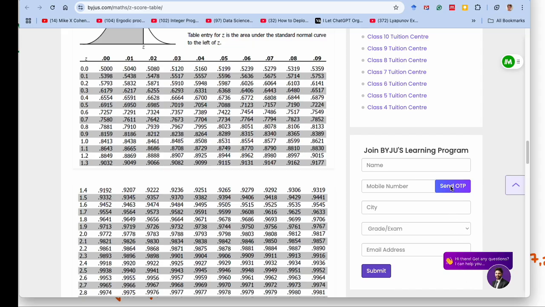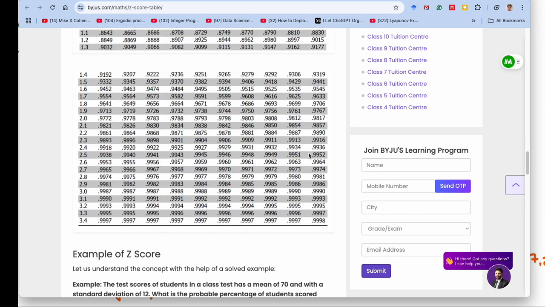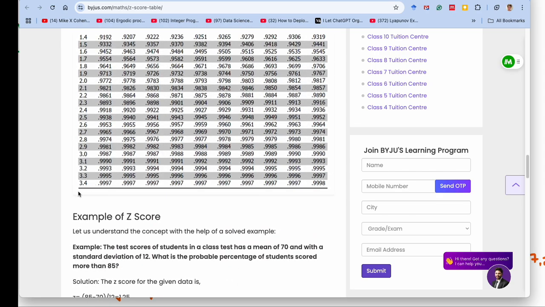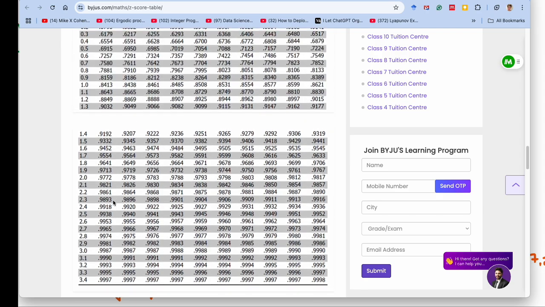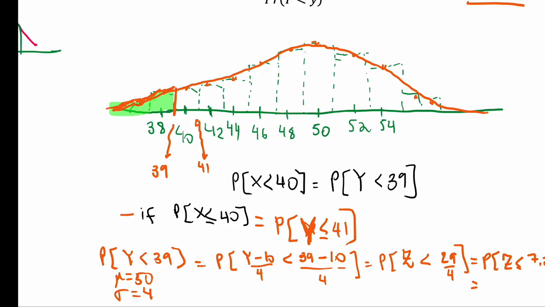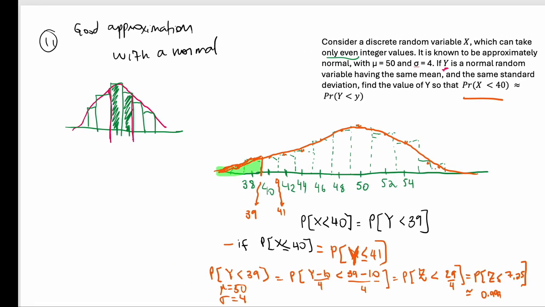So if you look at the table, in this table you won't have it, right? But you have tables that are larger. So it will be almost 1, right? It will be 0.9999999, something like that. Okay? The thing is, these are the steps for a good approximation.